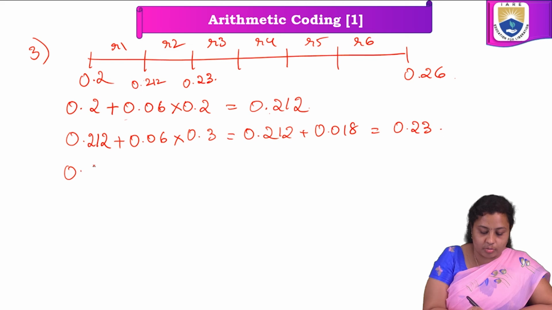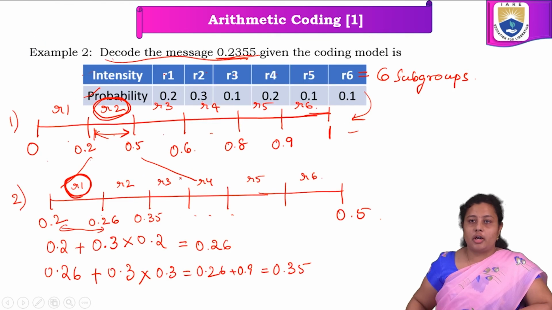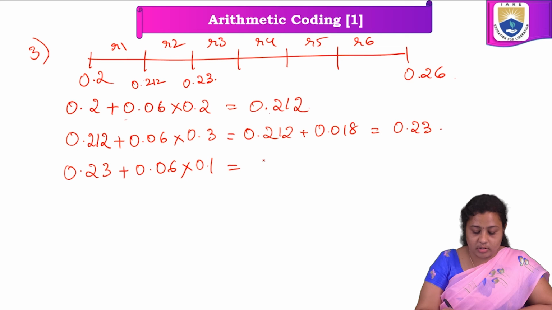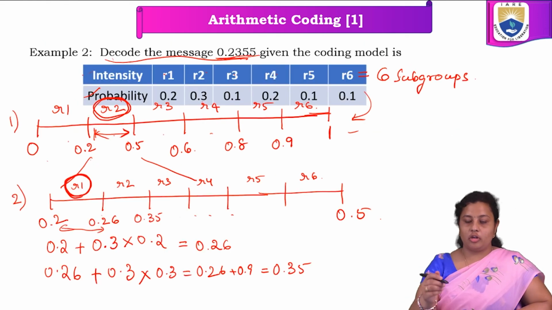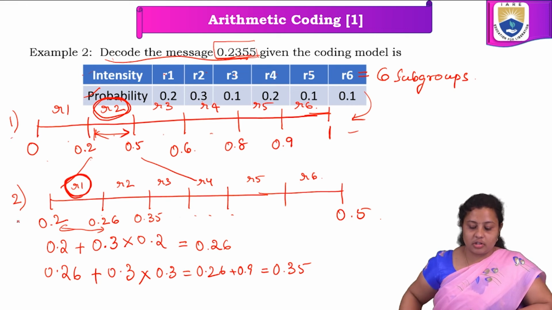Next is 0.23 plus 0.06 into the probability of R3. The R3 value is 0.1, so we get the value 0.236. What is the range that we are talking about? 0.2355, right? So my first stage, second stage, third stage here.